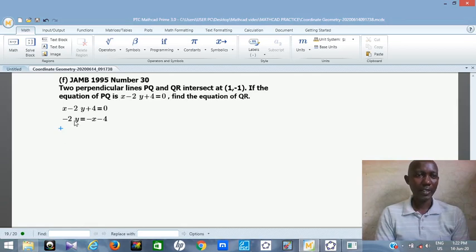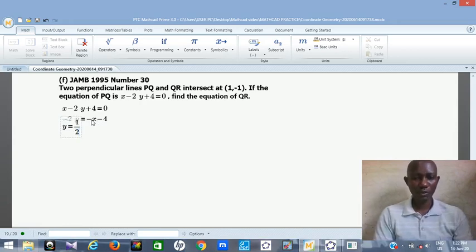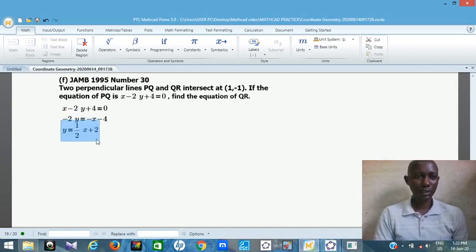Then the next thing is divide both sides by minus 2. You are going to have y equals minus 2 divided by minus 1 is going to be plus 1, which is going to be 1 over 2x. Then minus 4 divided by 2 is going to be plus 2. So this is the equation when you make y the subject.